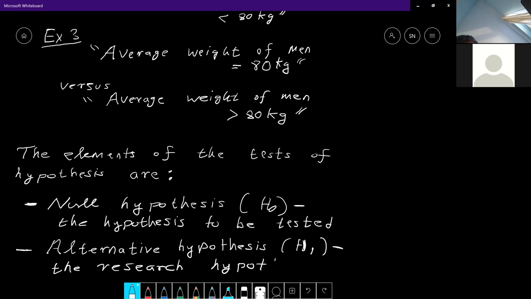So in the examples that we looked at earlier, it could be like the average weight less than 80 kg or greater than 80 kg or not equal to 80 kg.